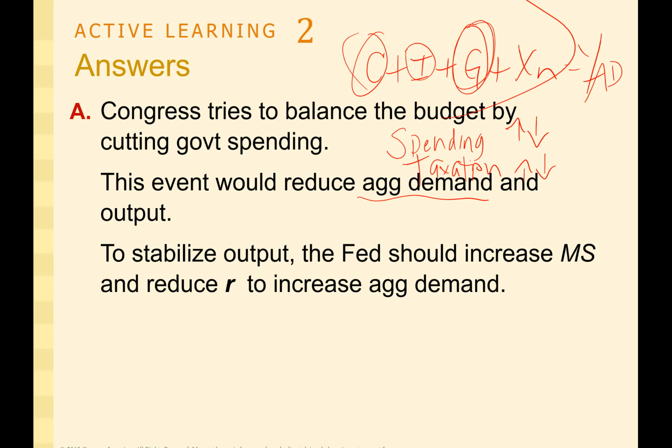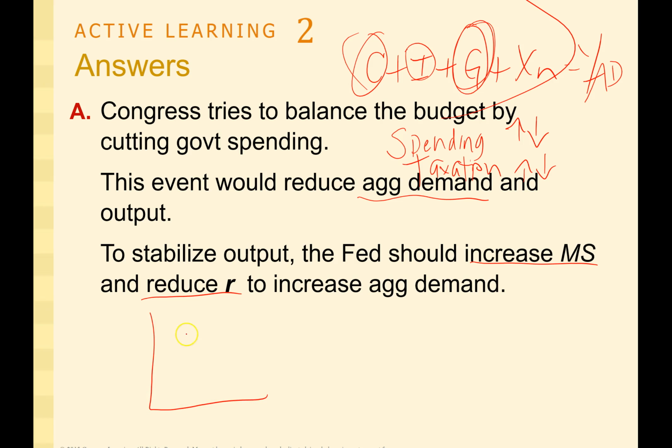If this is going to reduce aggregate demand, how can the Federal Reserve enact monetary policy to counteract that? What they should do is increase the money supply, and this action should reduce the interest rate to increase aggregate demand.